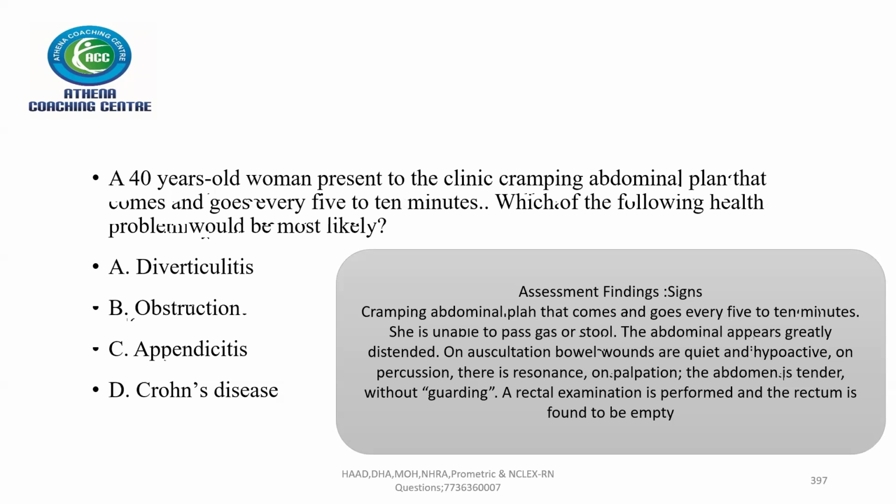A pouch, found where? Outpouching of where? Intestine. It is small pouches found on the intestine. The small pouches in the large intestine are what we call diverticula. So it will be like this.